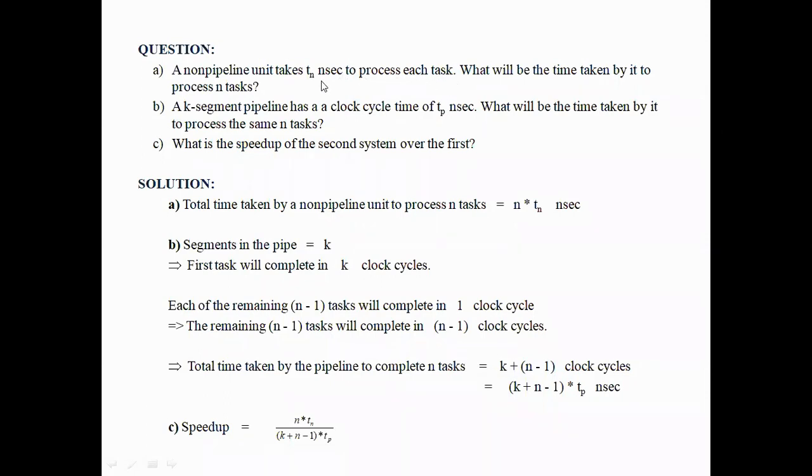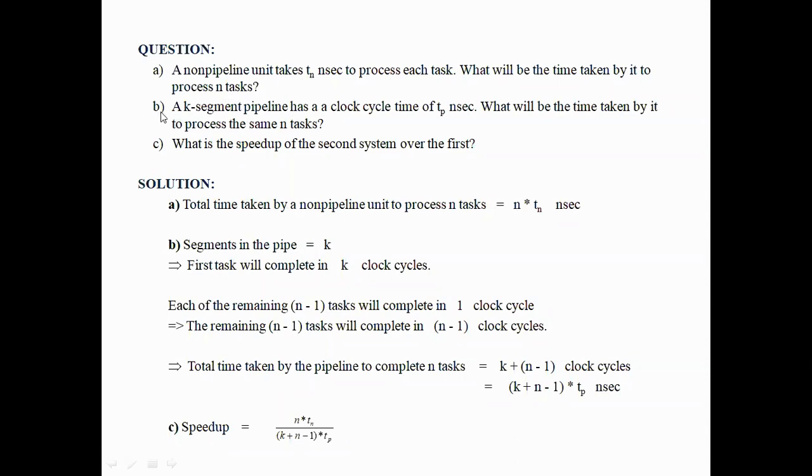So for one task, it takes Tn nanoseconds. What will be the time taken to process n tasks? This is very simple. If one task takes Tn time, n tasks will take n into Tn time. So this is the simple A part.